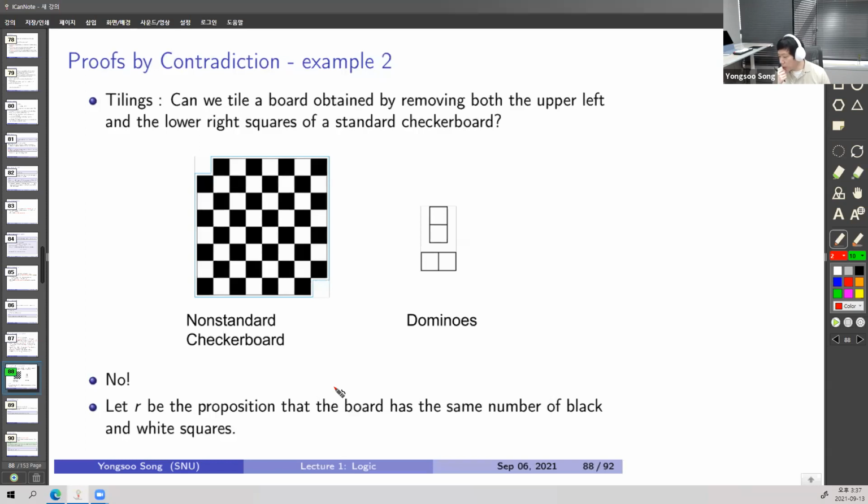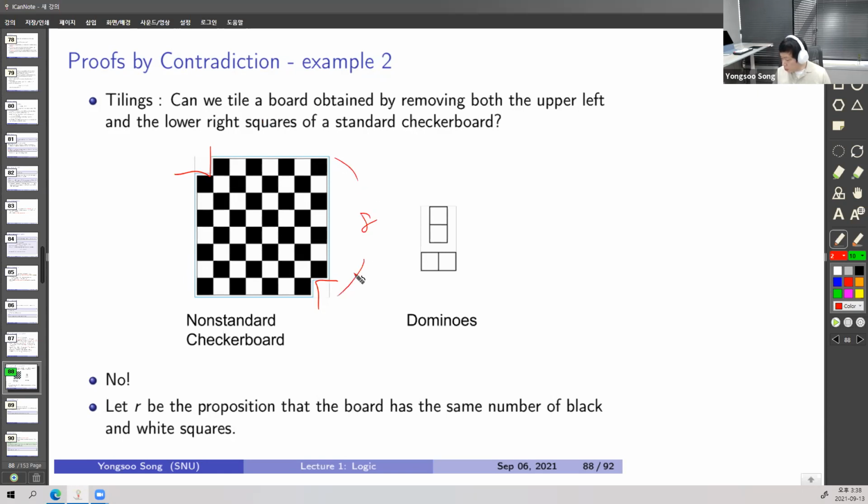And let me show you another example. This is one of the very popular problems in combinatorics. It's called tiling. Here we are given a regular checkerboard, but this checkerboard is non-regular because the upper left and lower right squares are removed.